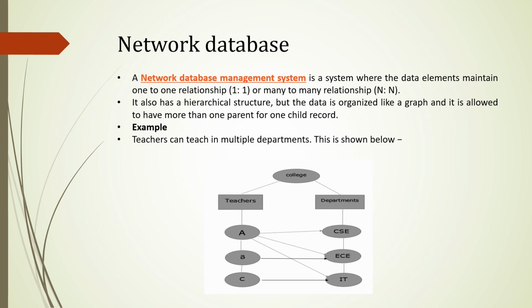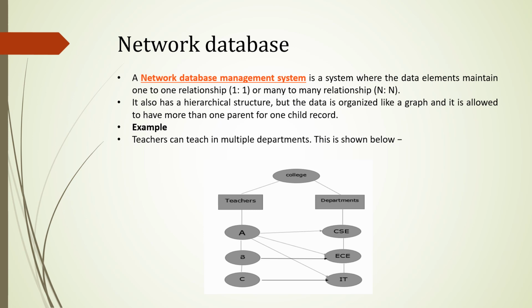Okay. It's also having a hierarchical structure. That means it is same like a root node and all. It is having the same structure, but the data is organized like a graph. Now you can see it is organized in the form of a graph, not like a tree, and it is allowed to have more than one parent or one child record.